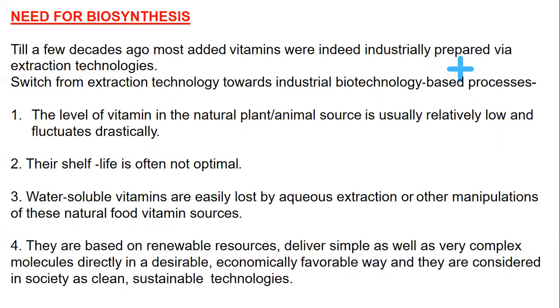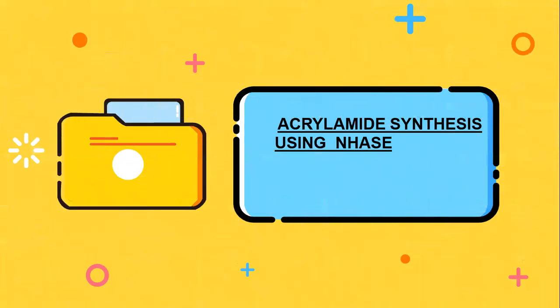And vitamin C is water soluble, as I said, and it can easily be lost by aqueous extraction or other manipulation. Now, this process which we use is renewable, and the molecules produced are in the desired chiral form. It is economically favorable, and it is also considered no harm to society and a sustainable technology.